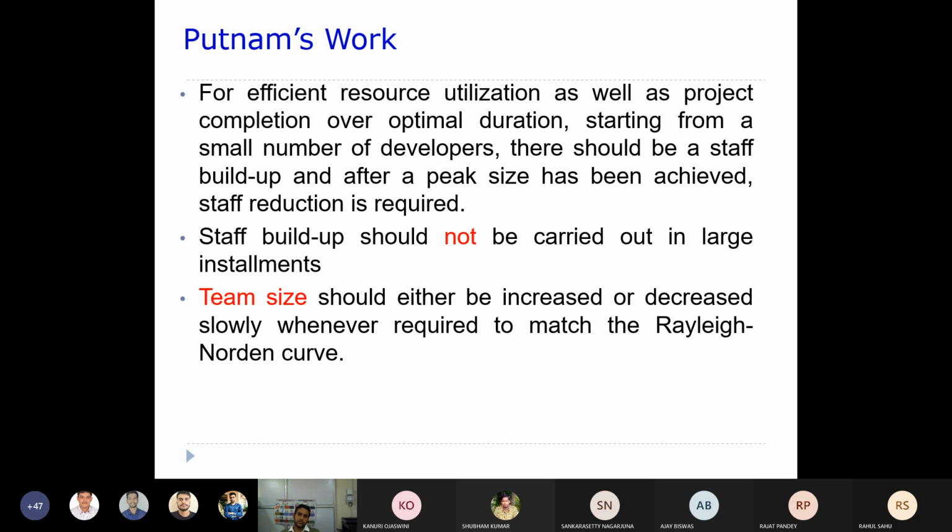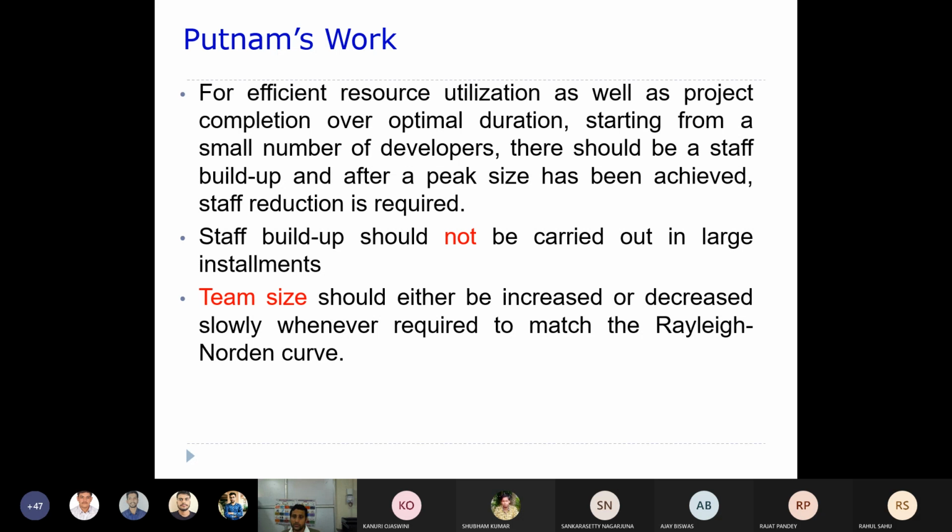Instead, if we distribute these resources over time, then we are going to utilize the resources efficiently, or optimally. So the staff build-up should not be carried out in large installments. That is what I say. You should not recruit like this, where at one point of time you recruit a large number of people. If you do that, you are probably wasting the resources.